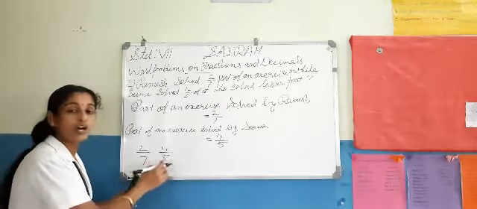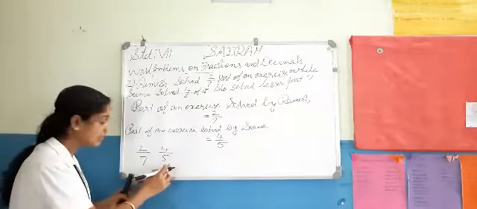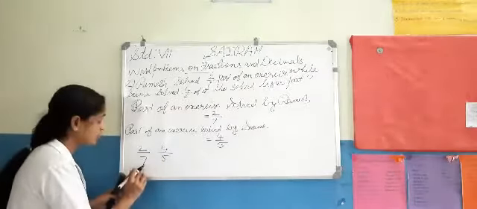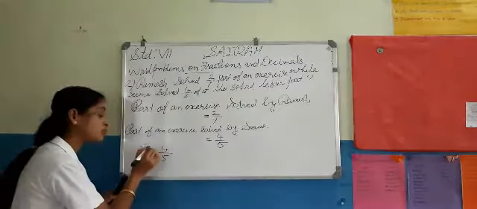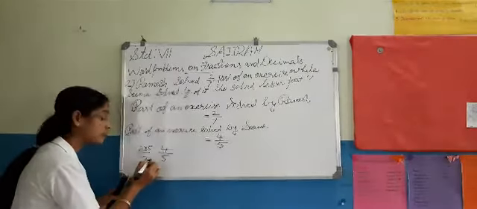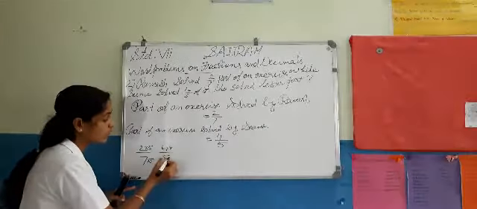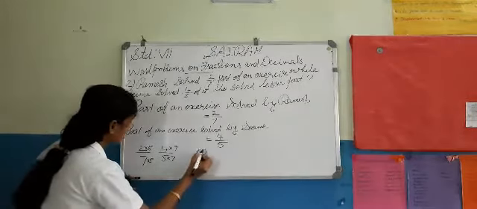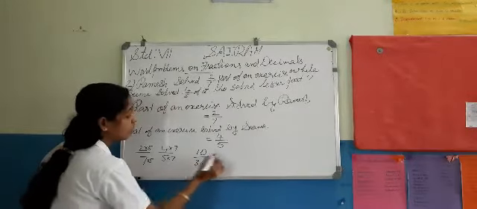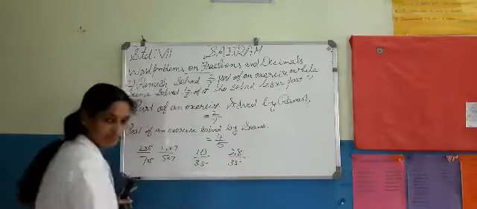For that we find the LCM. Here the LCM is 7 into 5, 35. For changing this denominator into the LCM, we multiply the numerator and denominator by 5, and here we multiply the numerator and denominator by 7. What do we get here? 10 by 35 and 28 by 35.